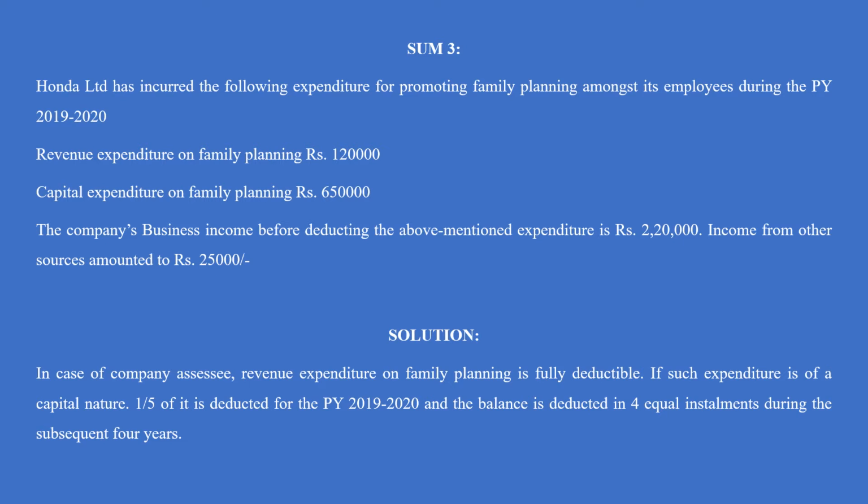If there is any capital expenditure on family planning, in that case, 1/5 of it can be deducted in the first previous year, and then the remaining amount can be deducted in the following 4 previous years. So the amount that you have as capital expenditure should be divided by 5, and for 5 years starting from the current previous year, you should start deducting 1/5 of it.